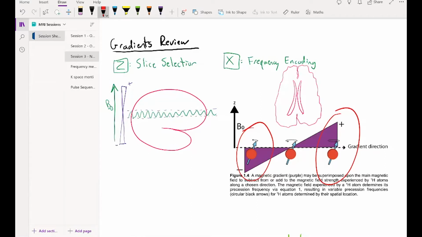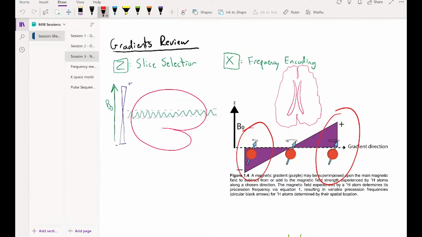We talked last session about how we can use this both for slice selection and frequency encoding. Briefly talking about that again, if we modify the precession frequency of our brain, for example, from top to bottom, then we have layers of hydrogen atoms that are precessing at different frequencies.